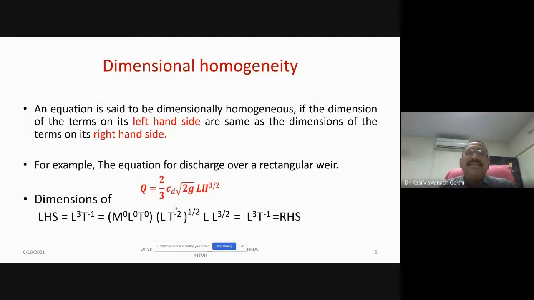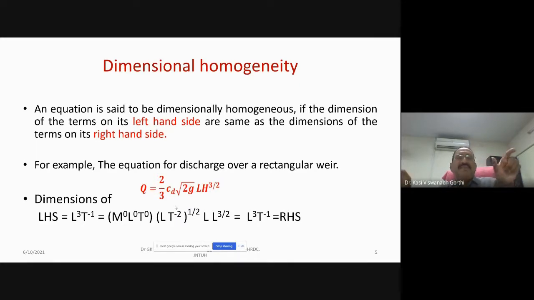What is dimensional homogeneity? What do you mean by an equation being dimensionally homogeneous or dimensionally non-homogeneous? It is all related to the dimensional formula of all the terms involved in the left-hand side of the equation and the right-hand side of the equation.